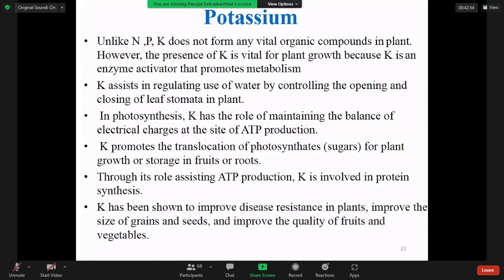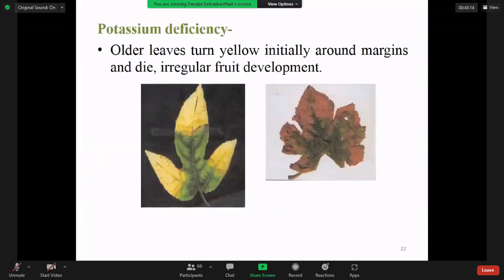Potassium also improves disease resistance in plants; it can protect your plants from disease. These are the functions and importance of potassium in plants.